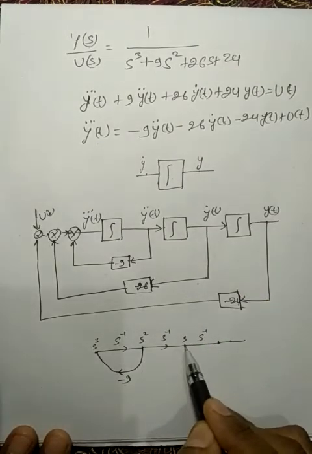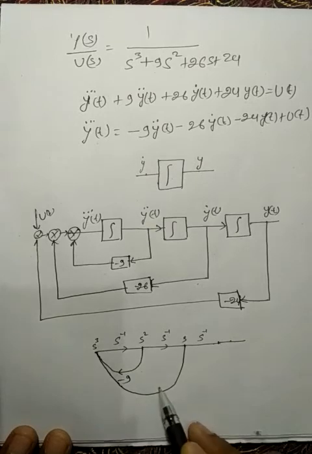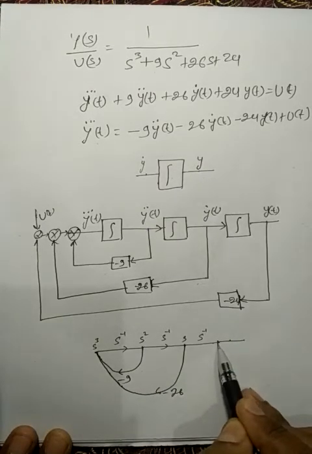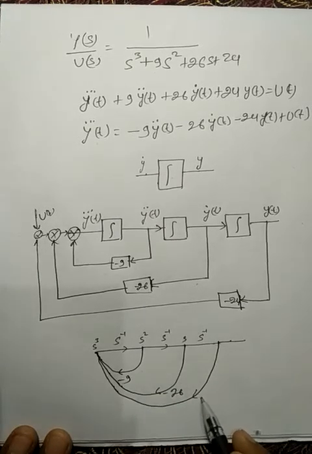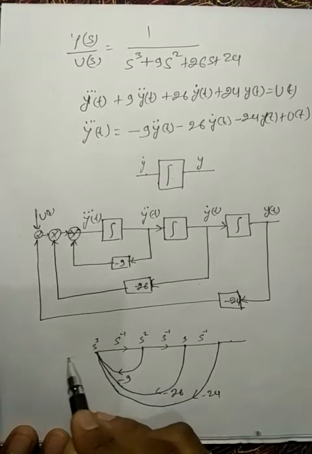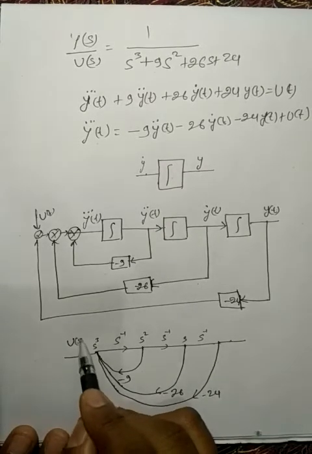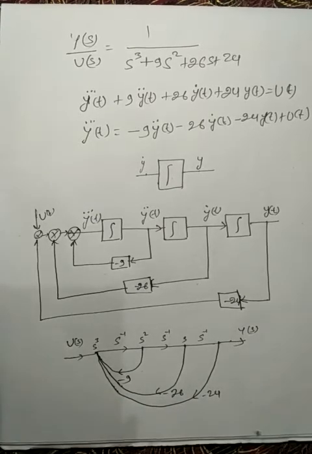From S, an arrow is going here with transmittance of -26, and from 1, an arrow is going again here with transmittance -24. Here I have U(s), and here I have Y(s), and this is all about the state variable diagram or state diagram.